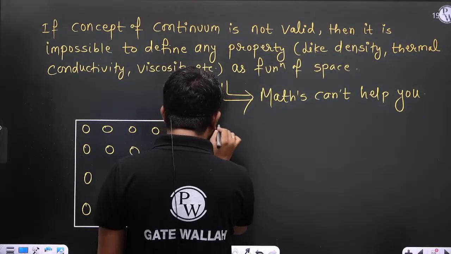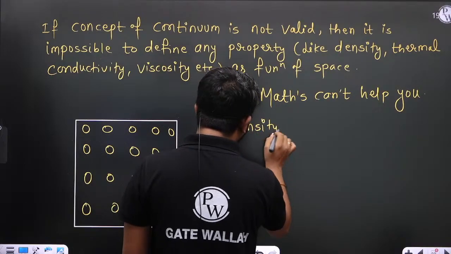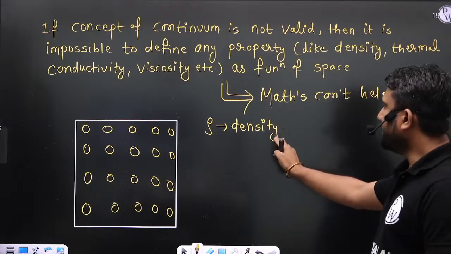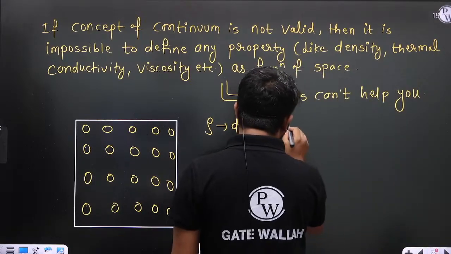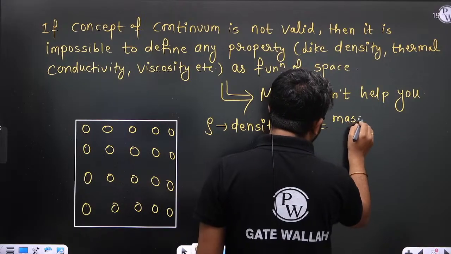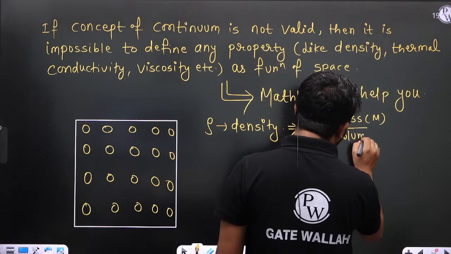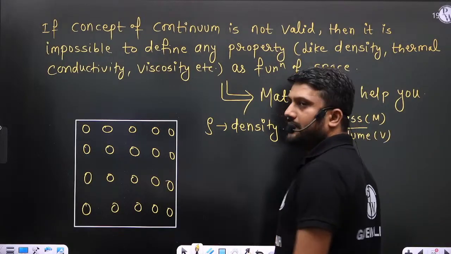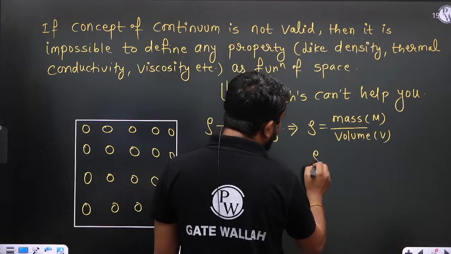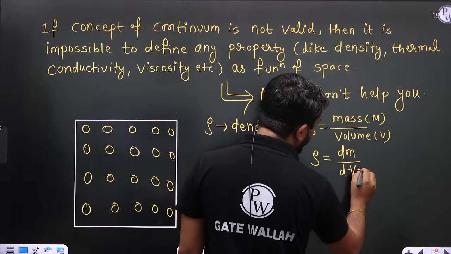Everyone knows what density is. Density is denoted by the Greek letter rho, and density is nothing but mass per unit volume. For a differential element we can write density as dm by dV.